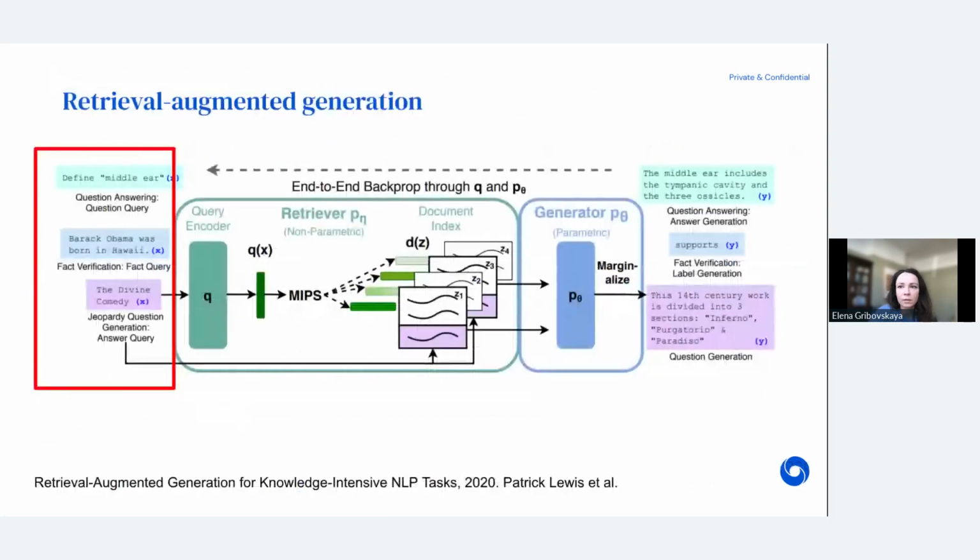Here we're looking at a model called Retrieval Augmented Generation, which was developed for the question answering task. It starts with a user asking a question, for instance, define middle ear, or a fact verification query, Barack Obama was born in Hawaii.